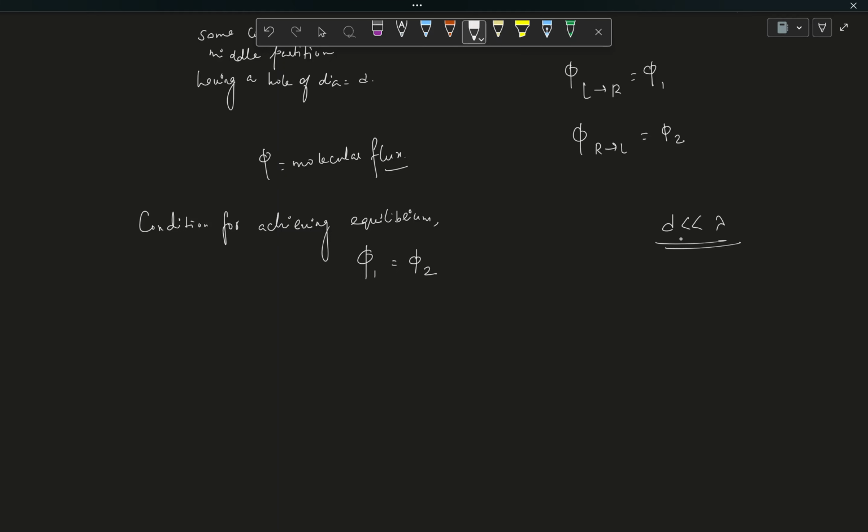Basically if d is much smaller than lambda, then you can think of it like this is one collision center and this is another collision point. So in between, the path distance is lambda. After lambda distance the collision will occur. But your d is much smaller than lambda, so basically your d can be just this amount of distance, right?